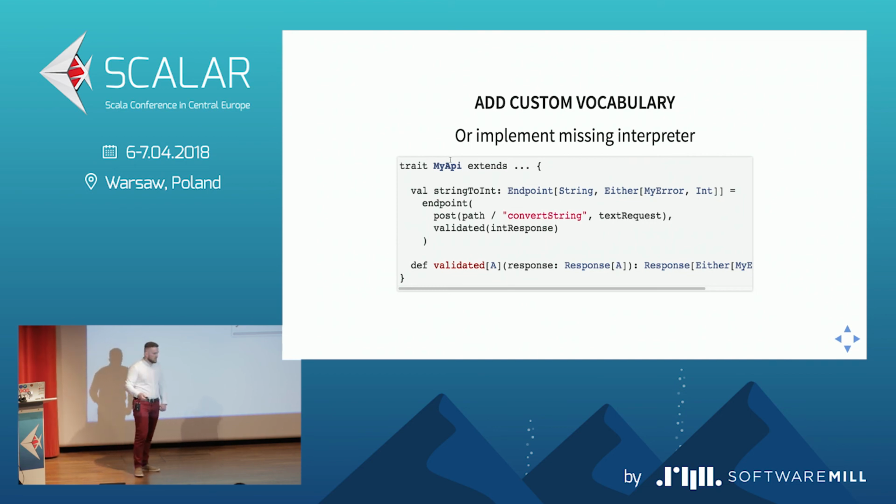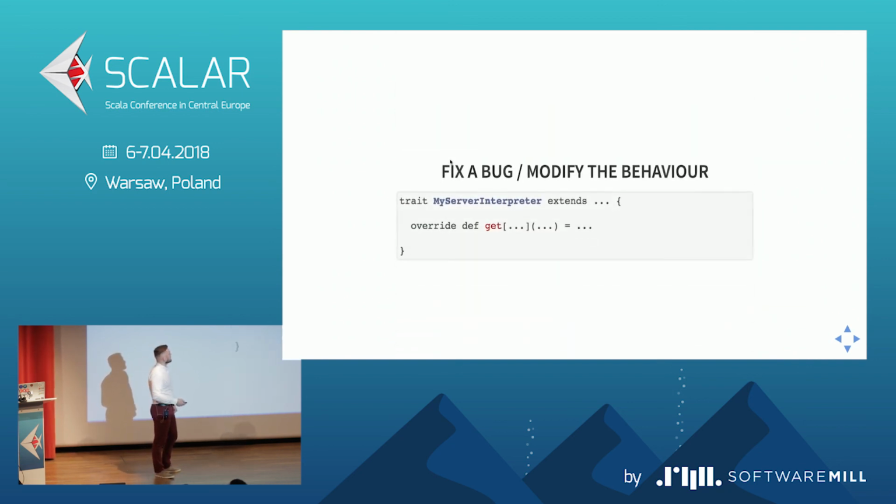And that's it. The same is used when you have some algebra defined on your API level, but not available for the given backend, because maybe some backend is missing support for, I don't know, optional responses. So you just will have to implement that on your own, but that's not a big deal.